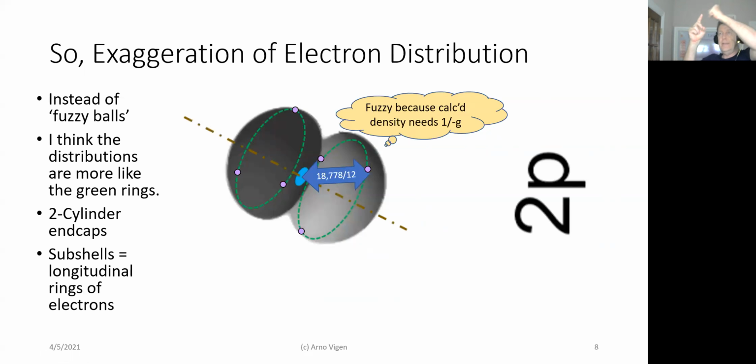If I go in any direction, those equations didn't change. So I can be in these 2 end caps. Now I can be anywhere in this longitudinal ring, and the math that I just did is very stable. Though they're going to stay at the same angle and the same distance, within that 18,778 ratio with the appropriate parts.